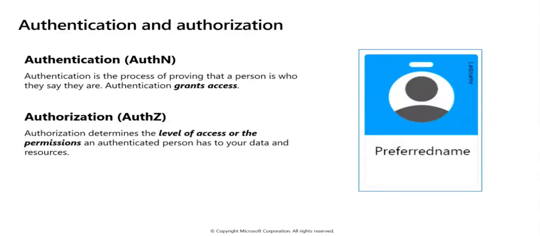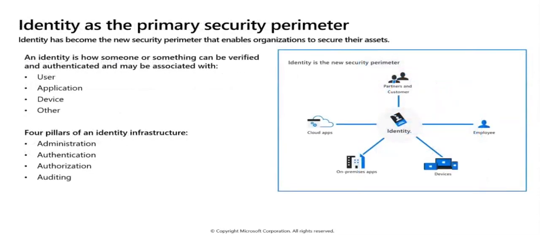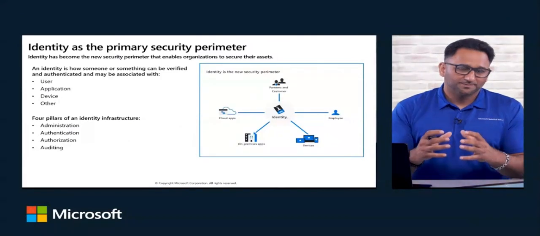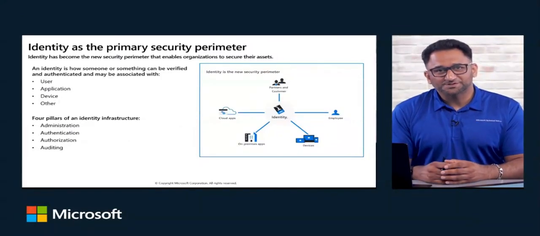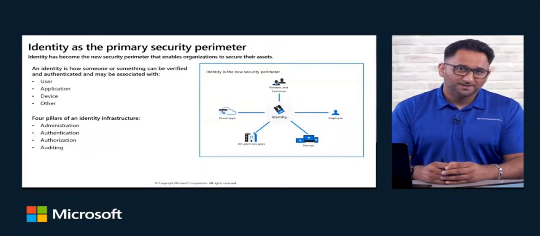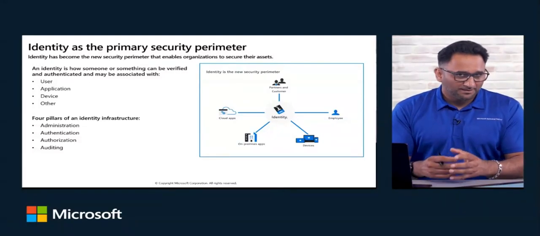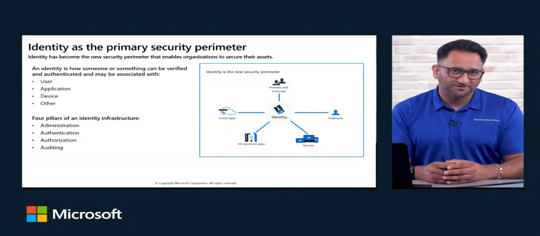Now, we can look at authentication and authorization in more detail, looking at some other aspects of identity. Typically, identity has always been referred to as something that's limited within the boundaries of your on-premises environment and used as an aspect to identify a user. Now that has changed with modern advancements.